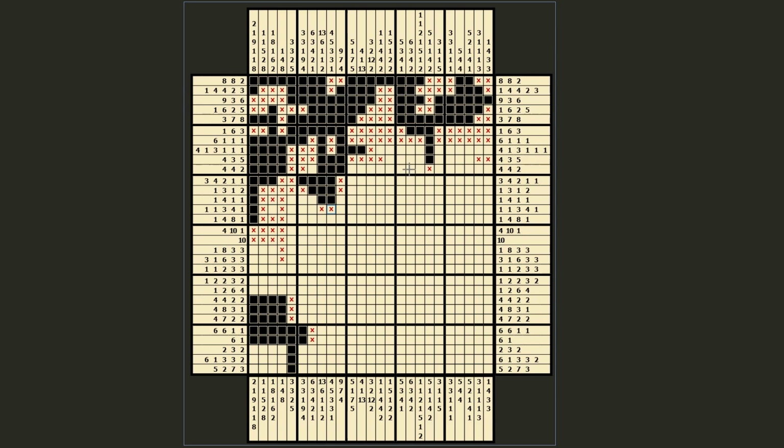Decent progress already. 4 1 3. This is obviously a 1. There's no space for the 4 there. Okay, seems like we've exhausted our opportunities this side for now.